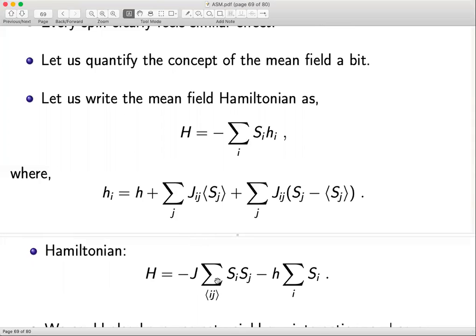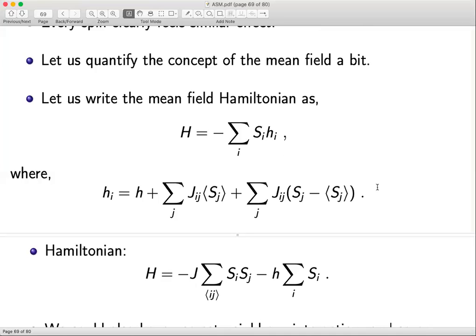If you do that, then Si essentially sees a linear coupling, unlike this Hamiltonian, which would have had a quadratic piece, Si interacting with Sj. With this mean field approximation, Si only talks to the effective magnetic field, and the effective magnetic field is generated by the average value of Sj.